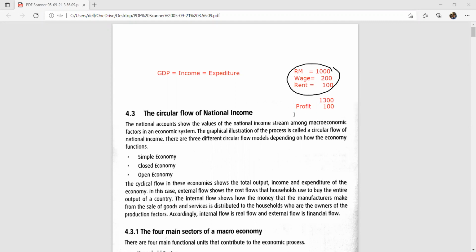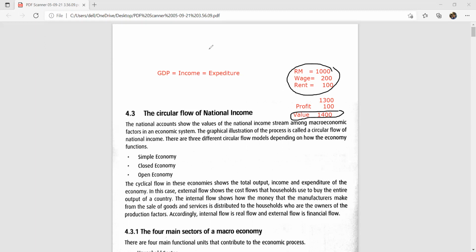Then the total value is 1,400. Total output is valued at 1,400. So this is only a production in the economy.